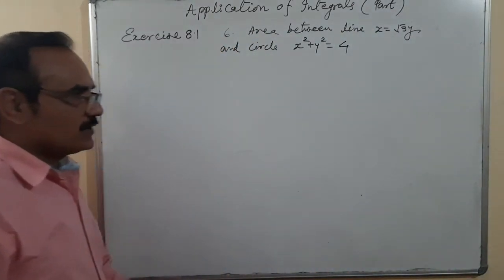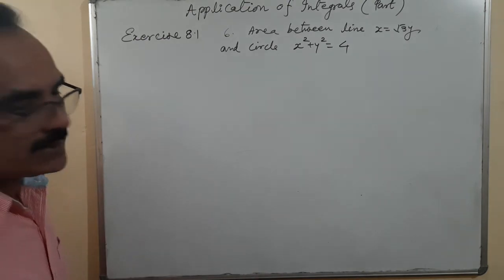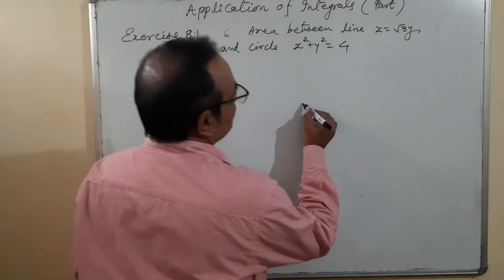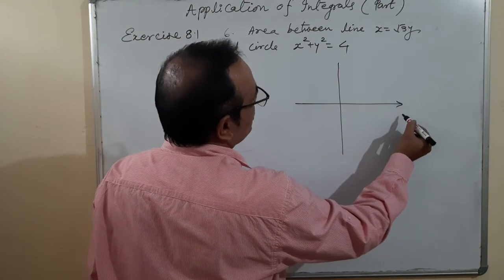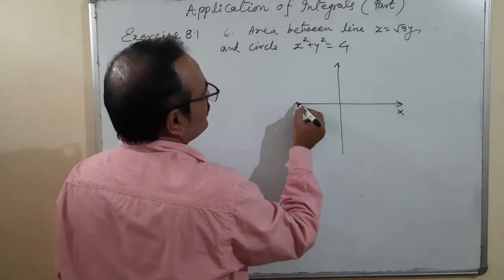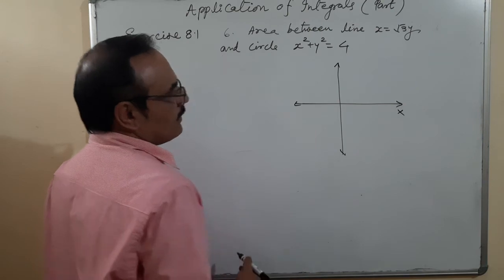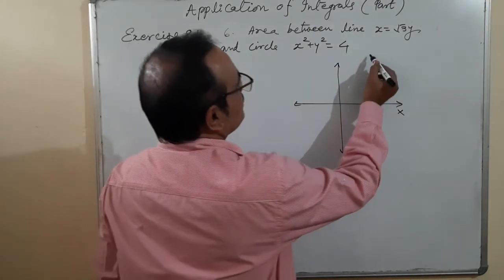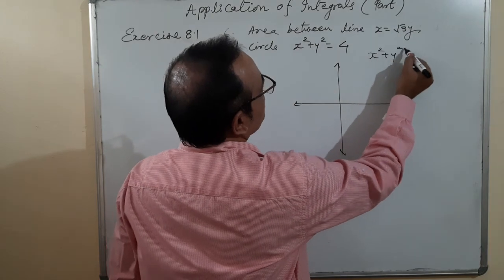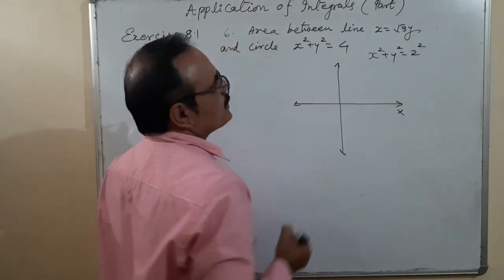Okay. So now there are two terms here. One is a line, second is a circle. Start to make a rough diagram. This is the equation of the circle, x square plus y square is equal to 4. General equation of circle is x square plus y square is equal to r square. So you can write it x square plus y square is equal to 2 square.